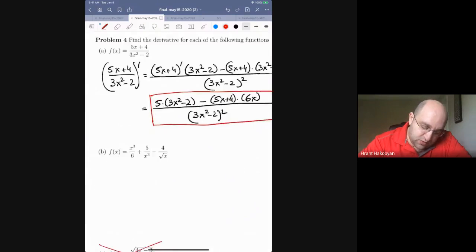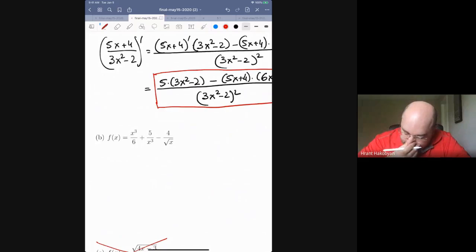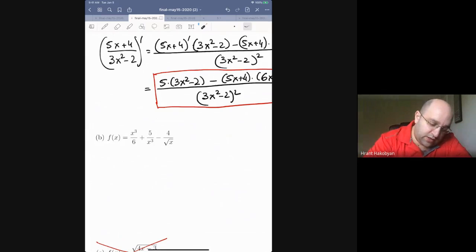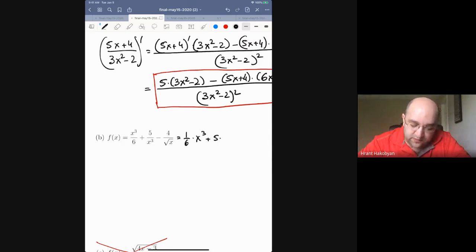Okay, so next is this problem here. It has 3 terms, and each of them is a power function. So we want to write it in a simpler form. I'm going to rewrite this a little differently. It's going to be 1 over 6 times x to the power 3, plus 5 times, and then I have it divided by x to the power 3, so that means times x to the power negative 3, right?